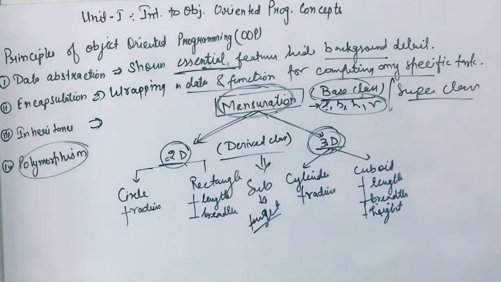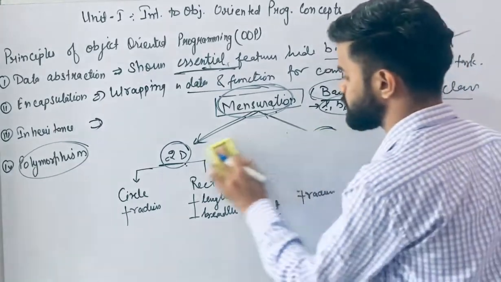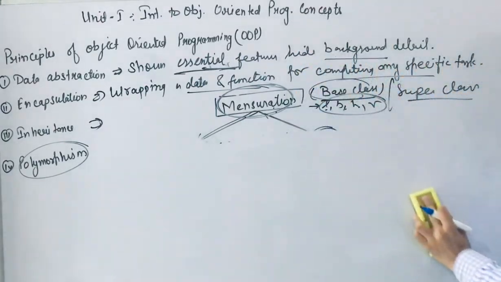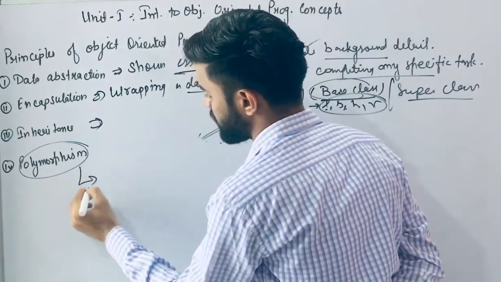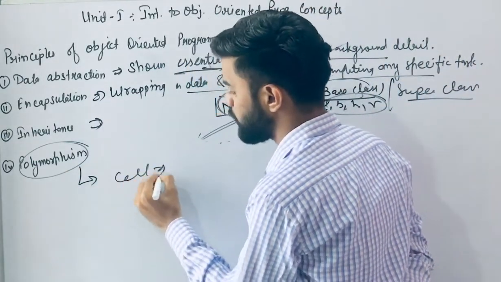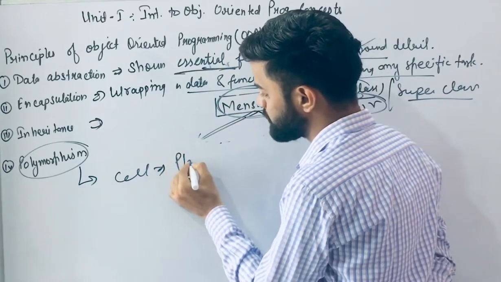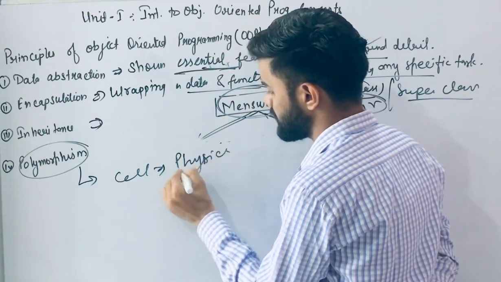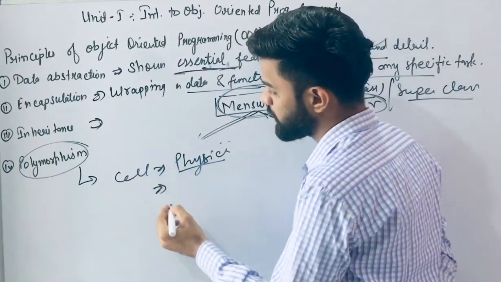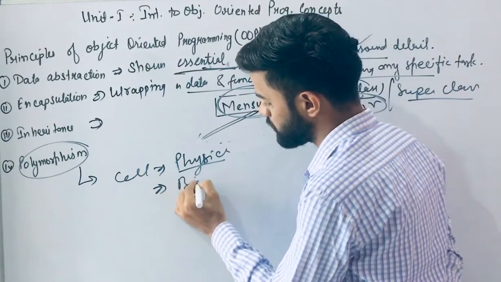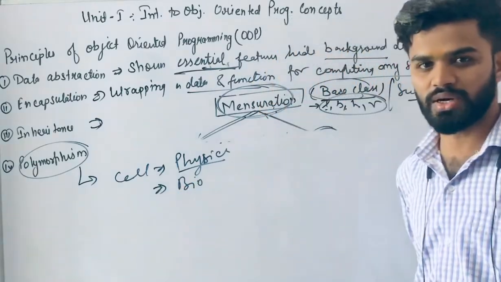If you try to understand polymorphism, first of all we need to take an example like cell. If we are using cell in physics, then it is a different thing. If we are using cell in biology, then again it is a different thing.